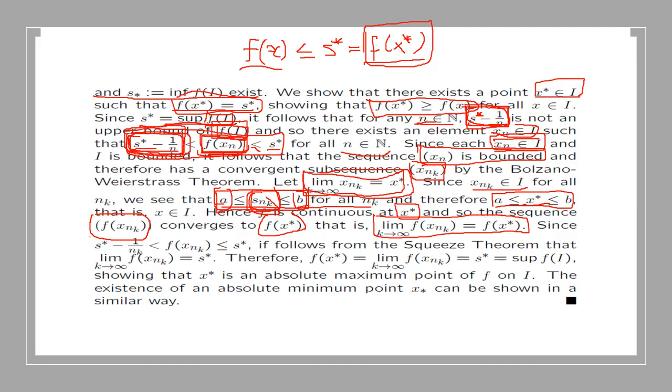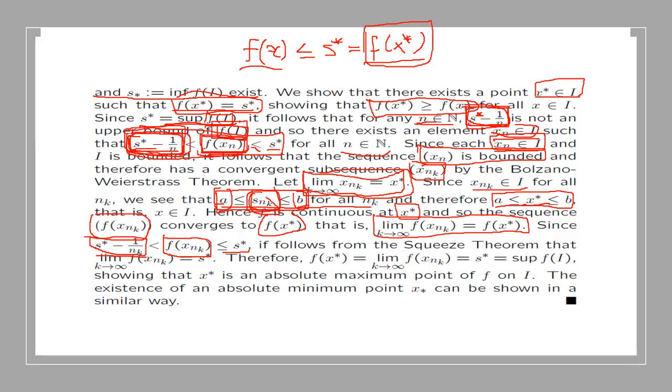You have that S star minus 1 over nk, and sorry, strictly less, S star minus 1 over nk is less than f of xnk, and that is less than or equal to S star. All right, that's what we get.